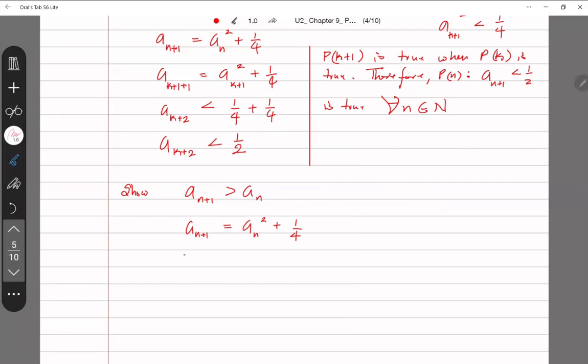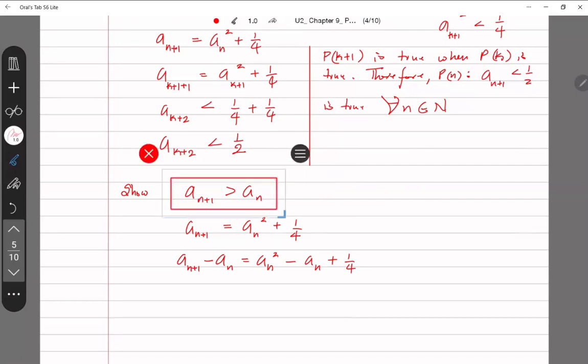So I'm going to have a_(n+1) minus a_n is equal to a_n squared minus a_n plus a quarter. This is my objective. My objective is to show this. That's what I'm going after.